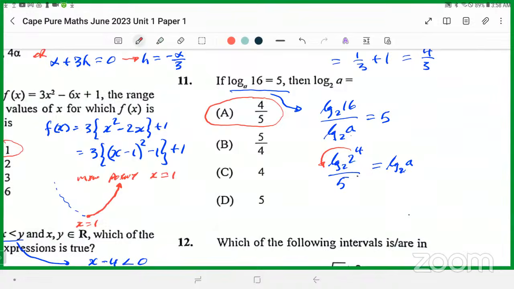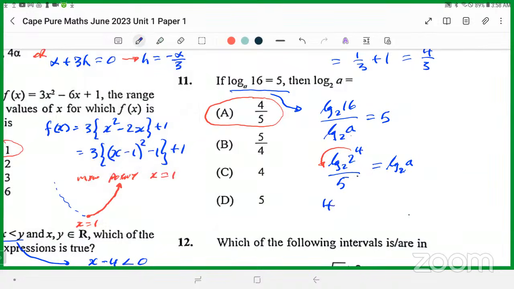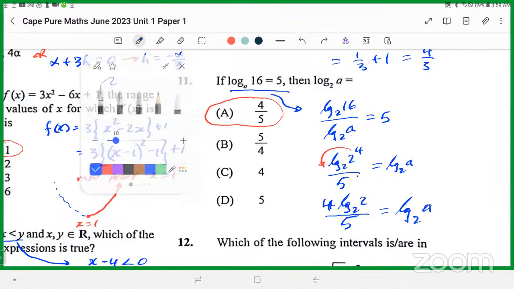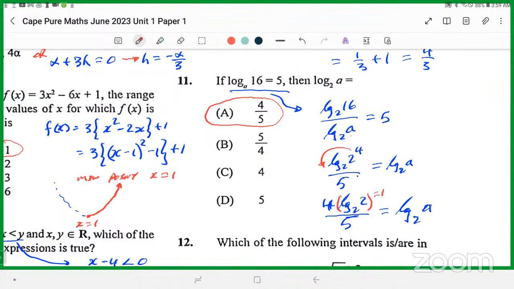So I'm going to end up getting 4 log to base 2 of 2 over 5 equals log to base 2 of 8. I can tell you there are multiple ways to do this, but that's the nature of logs. This expression is equal to 1. So that's what answers 4 over 5.